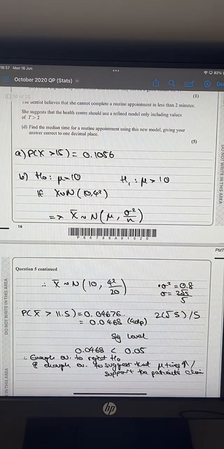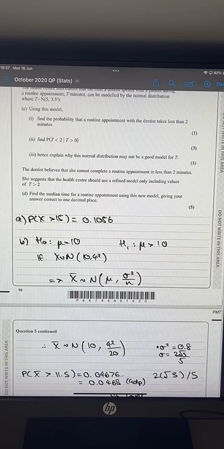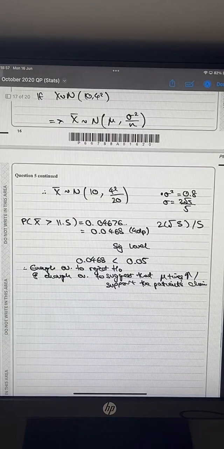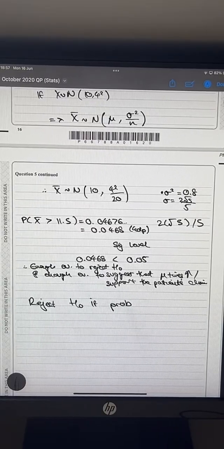It's not too bad. All you have to do is remember you're doing the mean distribution. When do you reject and when do you accept? You reject H0 if the probability is less than the significance level, because that's basically telling you the chance of it happening is not due to random chance.